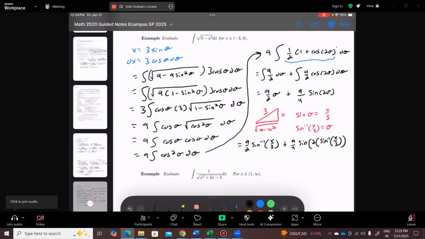Let me double check how I want to do this. We'll leave it at that. Now if we have an x, we can plug it in, solve out for the numbers. Oh, plus c.